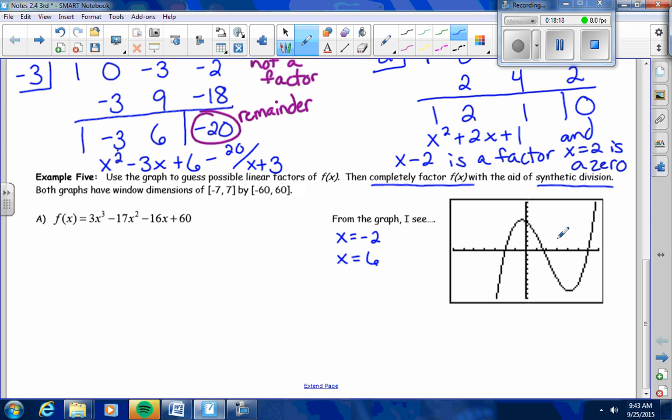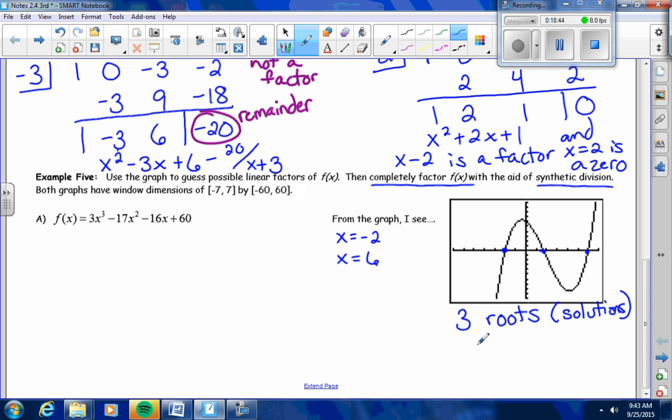But how many actual zeros did we see on this graph? 3. It's crossing it 3 times. There, there, and there. So from the graph, I see 3 roots. Roots is another word for solutions. It's another word for the zeros. I see 3 roots.